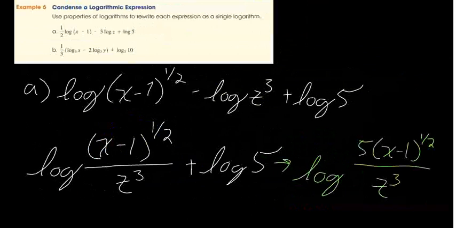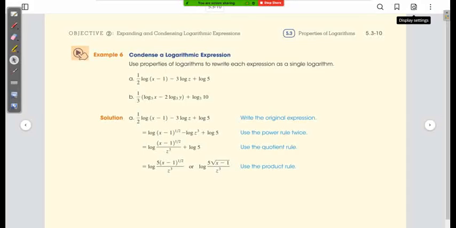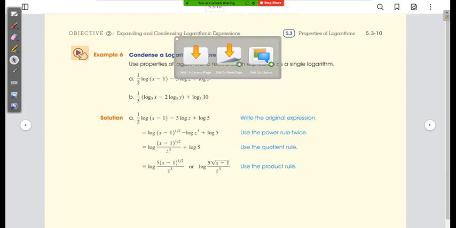So let's go ahead and do B. All right, so in B we have the 1/3. It's out front in front of the entire problem.